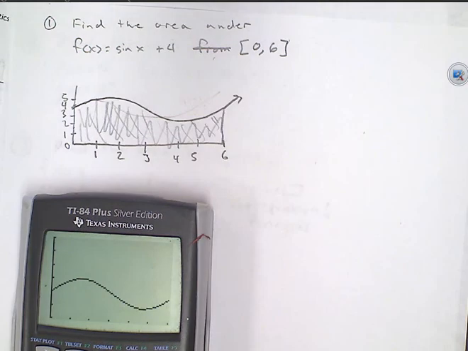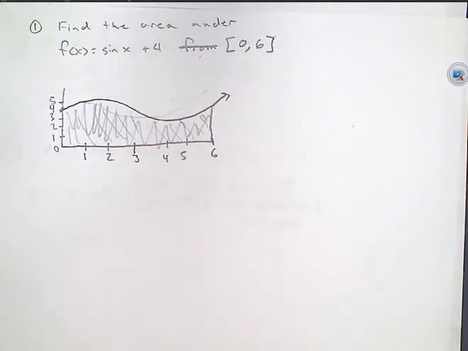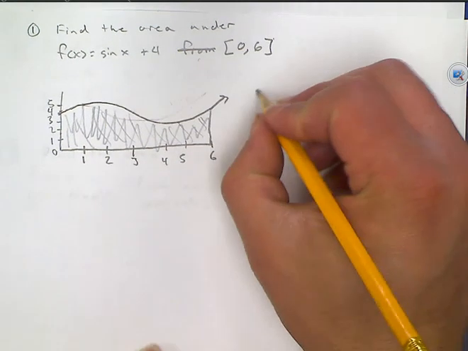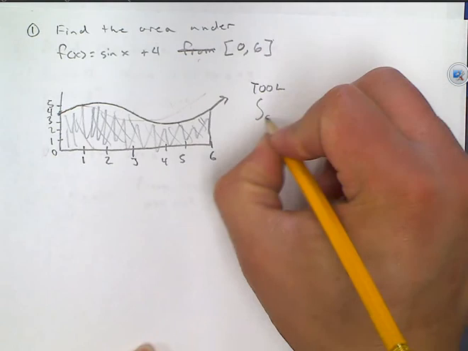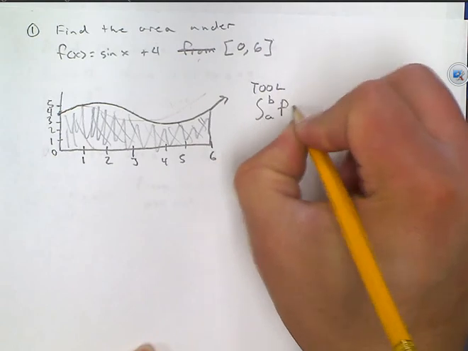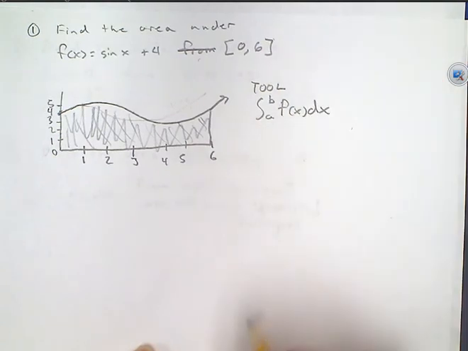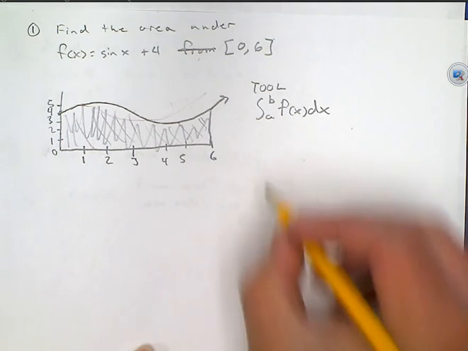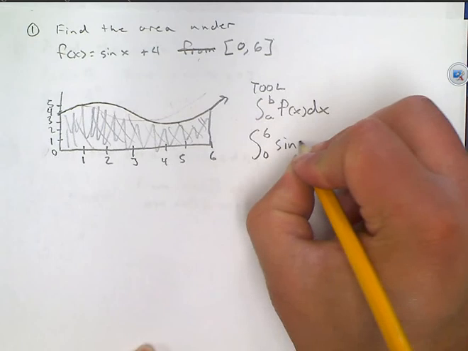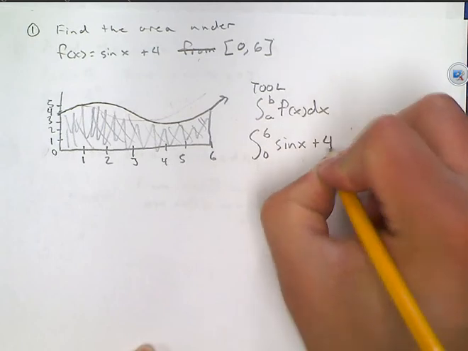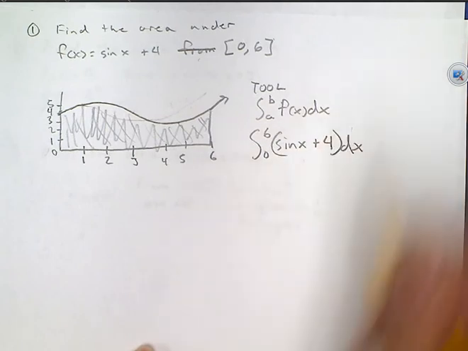Alright? So what we're going to do is a definite integral. This is the tool for the area under the curve. We're going to do from 0 to 6.